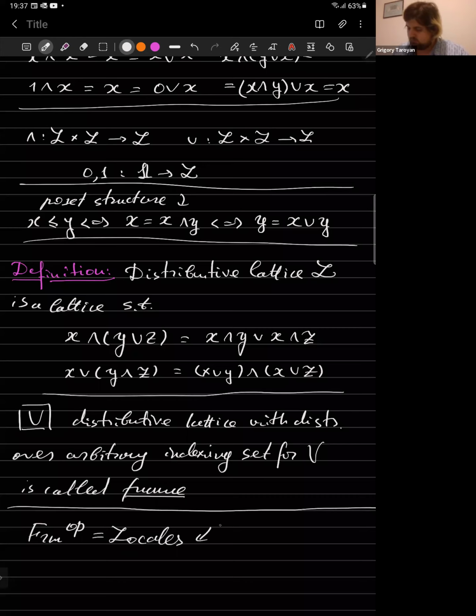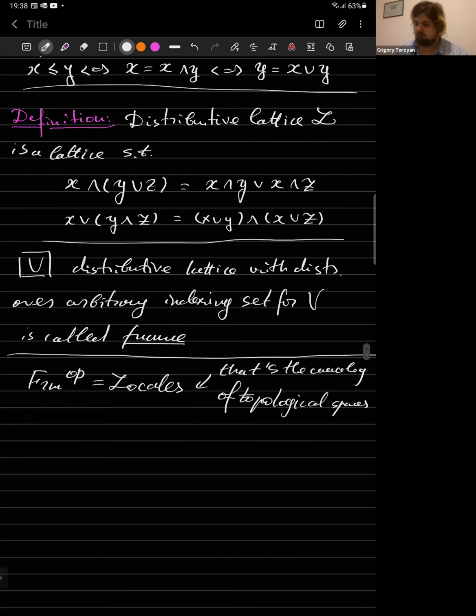And so we just extract the information we need from topological spaces, that is the structure of a system of open subsets, and it turns out that we only need distributivity with respect to arbitrary unions from this.